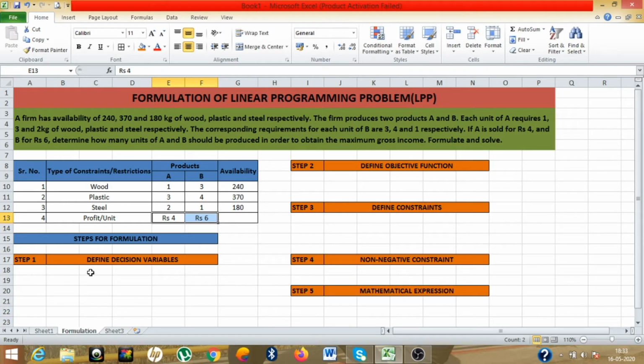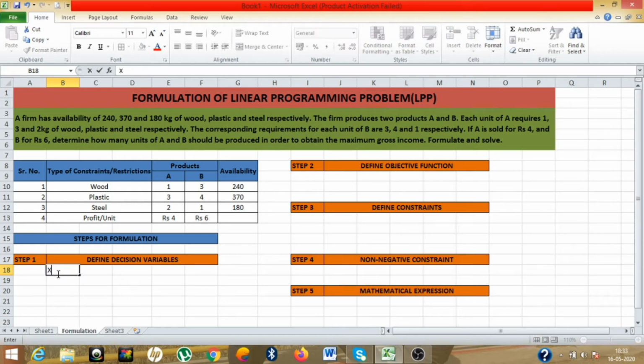First we have to define the decision variables. The first step to formulate any linear programming problem is to define the decision variables. As there are two products, we will have two decision variables.